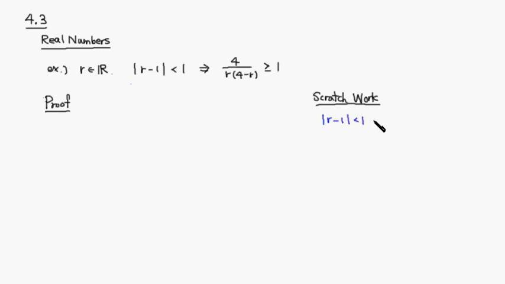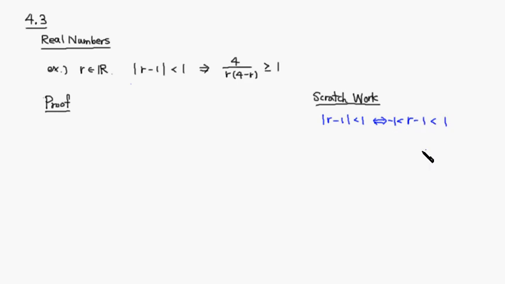In order to get rid of the absolute value sign, we know that the quantity r minus 1 is between negative 1 and positive 1, because the absolute value is less than 1.